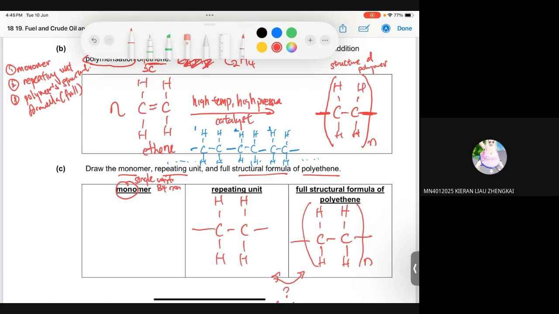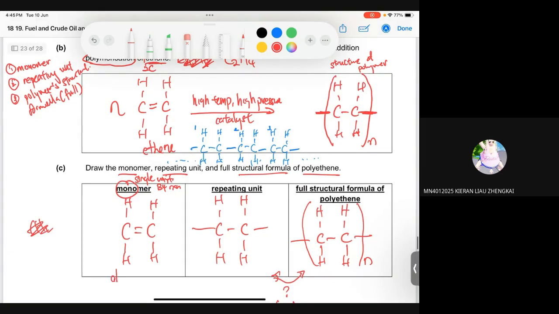Just make a guess. The CH2, the C2H4 thing. Correct. So it's actually your C2H4. The monomer is the C2H4 with the double bond there. So it is the unit before your reaction. Actually, it is your alkene. Make sense?